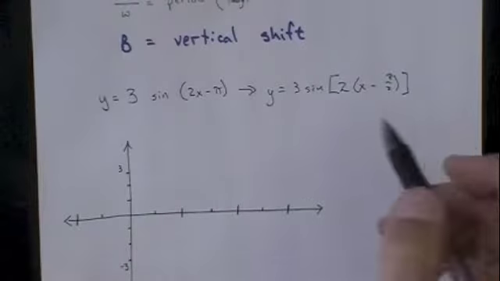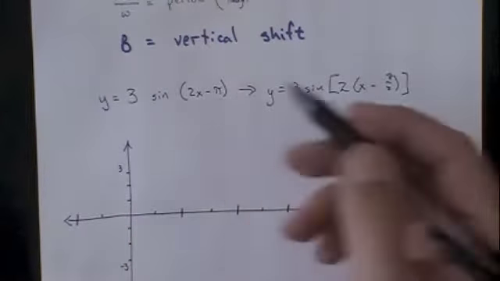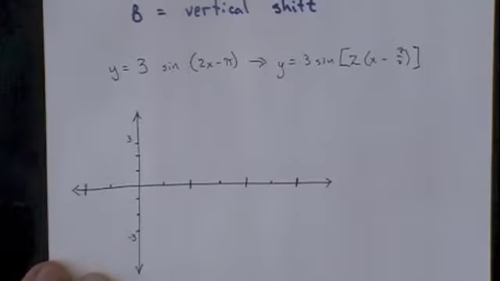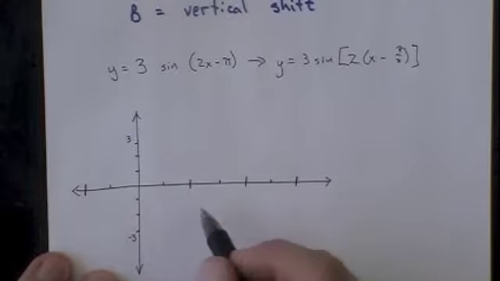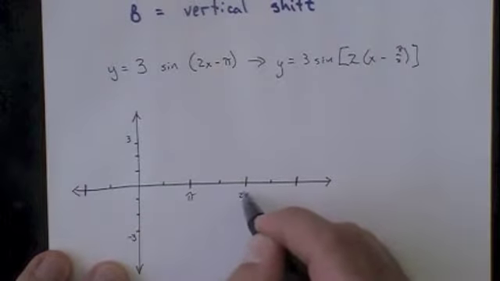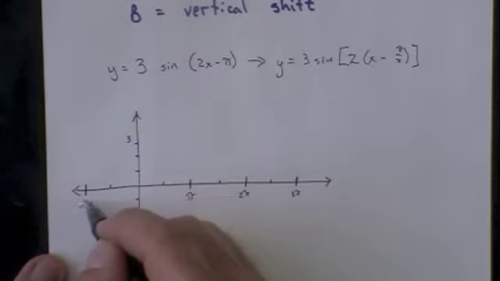Okay, so now if I just think about, say y equals 3 times the sine of x, let's look at that for our critical points. First of all, on our graph, let's say that this is pi, 2 pi, 3 pi. Over on this side we're at negative pi.